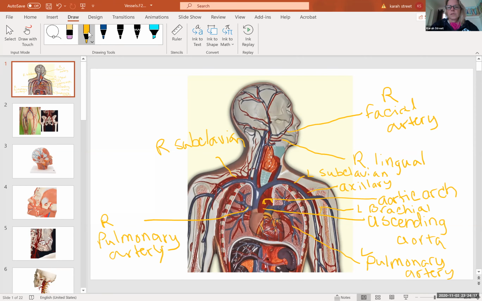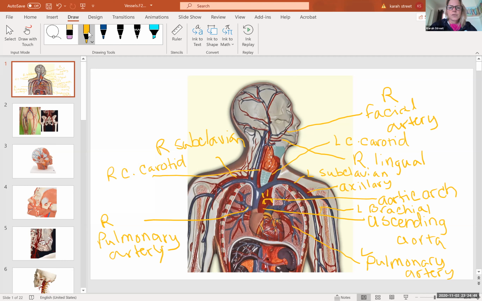So there are a lot of blood vessels that can be tagged on this picture of this model. This right here, this red artery there, would be the right common carotid. And over here would be the left common carotid. We're going to get to another model, specifically a heart model, where I can show you the three branches coming off the aortic arch.